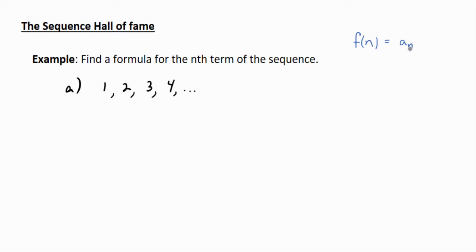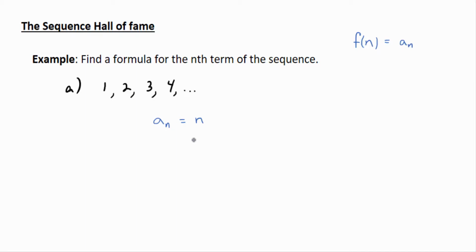Find a formula for the nth term of the sequence. Okay, part A: 1, 2, 3, 4, 5. Oh, the natural numbers, right? But what's the formula? a sub n equals, well, the input equals the output, right? So a sub n equals n. There you go. You could also think of it as the identity sequence, I suppose.